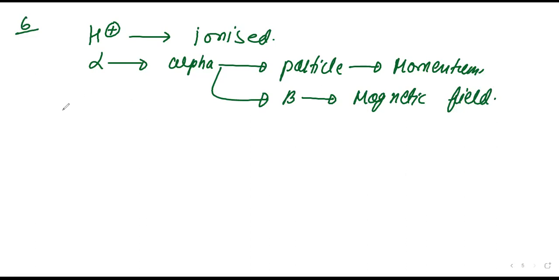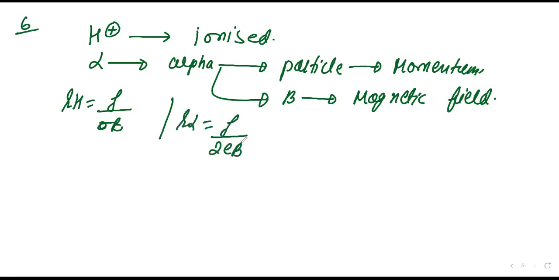how the radii are related. The radius of hydrogen is given by rho upon EB. Similarly, for the alpha particle, the radius R alpha is rho upon 2EB. So we know the relation between them now.